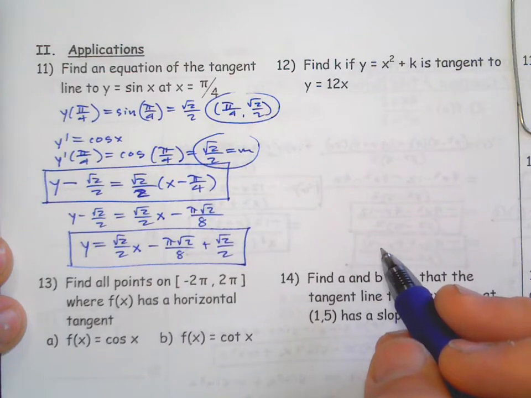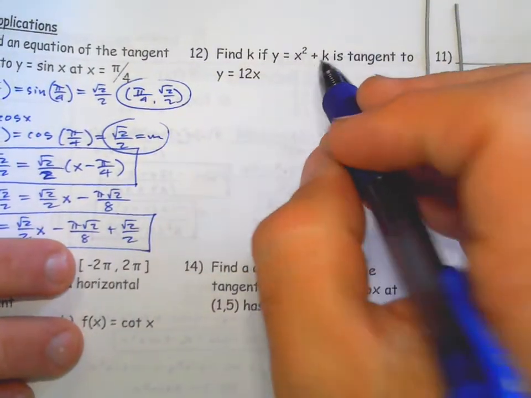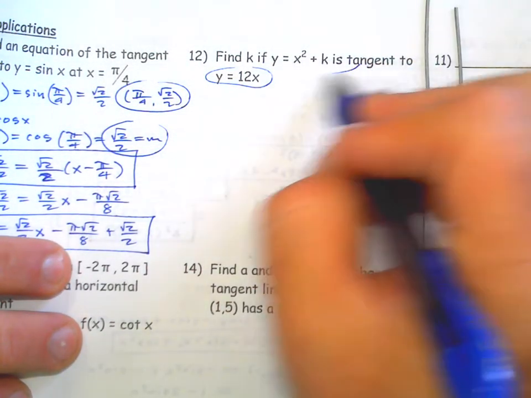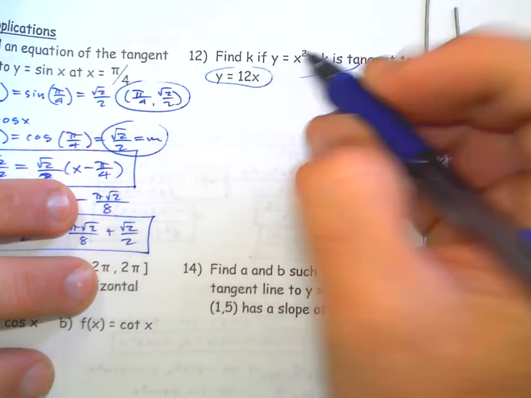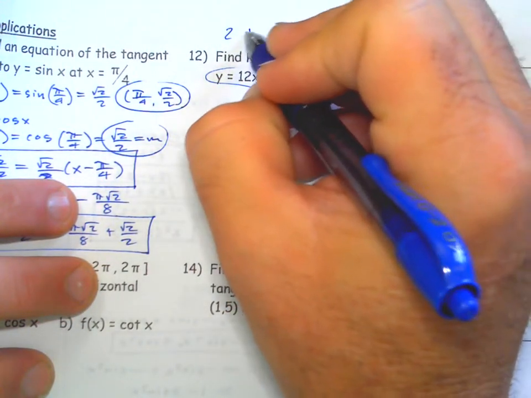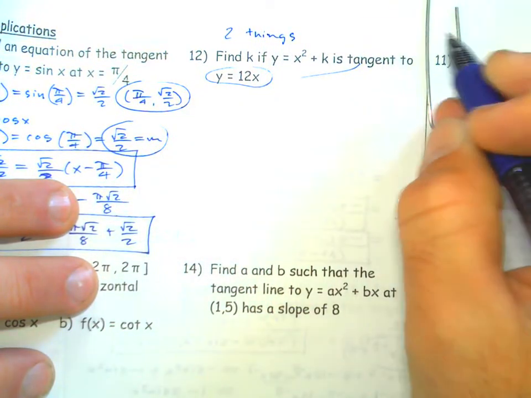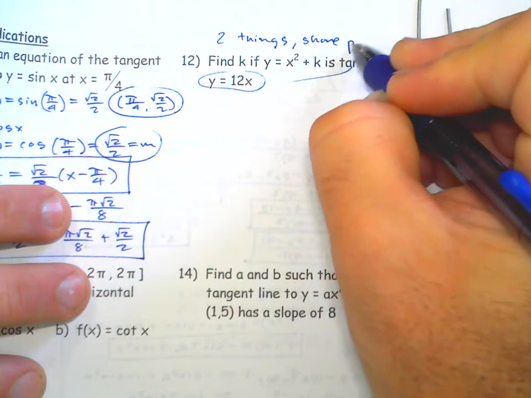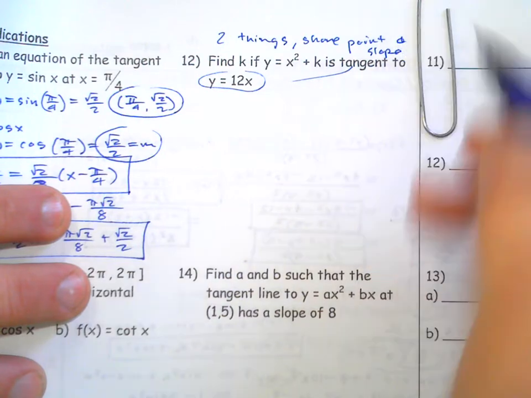done correct. Okay, number 12, find k if this is tangent to this. So this is the tangent line to this function. Well, there's two things that a tangent line and its curve share: a point and a slope, right?